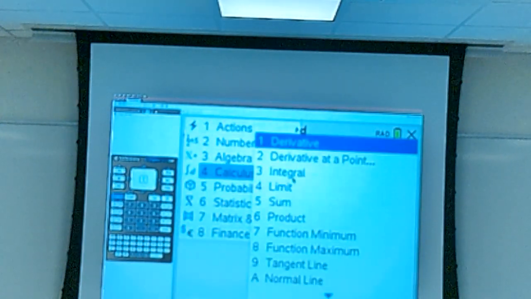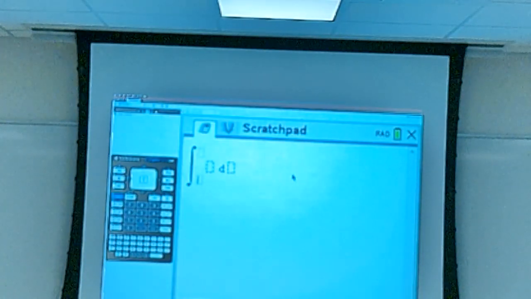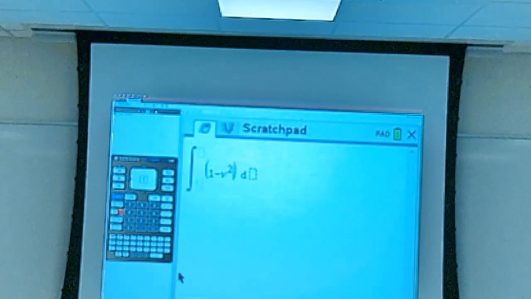Menu, calculus, integral. It's an antiderivative, so I don't need bounds. And it was 1. I'm going to need parentheses. 1 minus v squared divided by v plus v cubed.